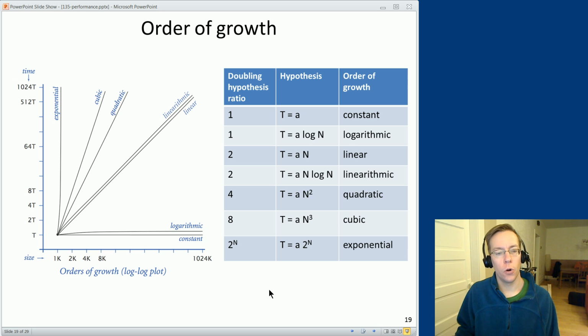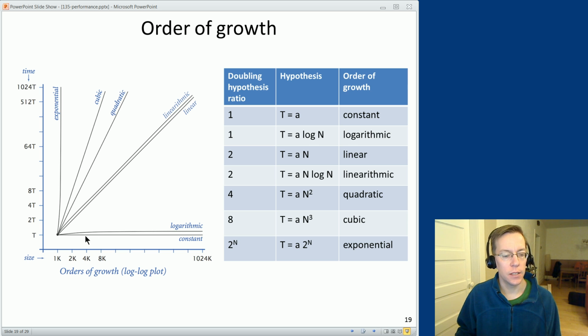The algorithm is going exponential, and this graph shows you, and this is a log plot, of how long it's going to take for different problem sizes. So we're doubling the problem size on the x-axis, and we're doubling the amount of time it takes on the y-axis.